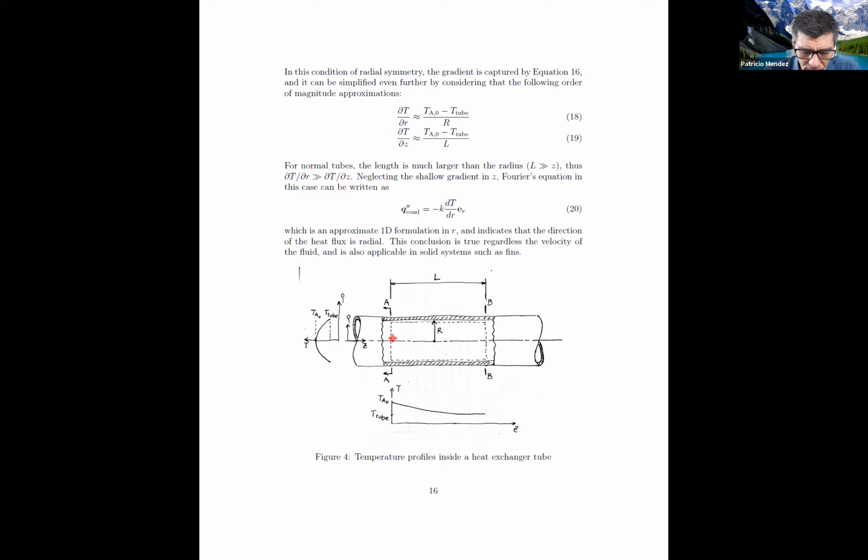In the center here, the fluid is hotter, and we would have this profile we see in AA. As the fluid goes down, the fluid that is in contact with the surface is always at the temperature of the tube. But the maximum temperature at the center is going down and down and down. Eventually, the whole fluid is going to be at the same temperature as the tube, right?